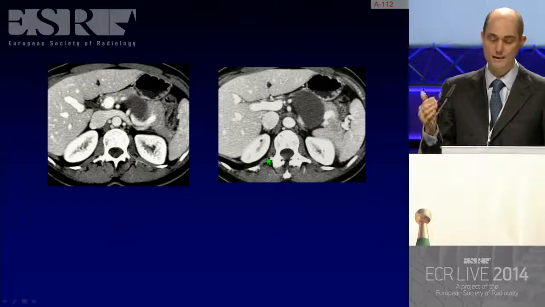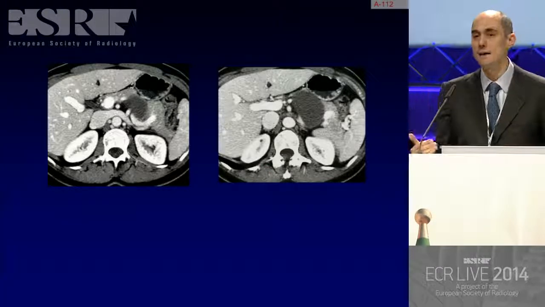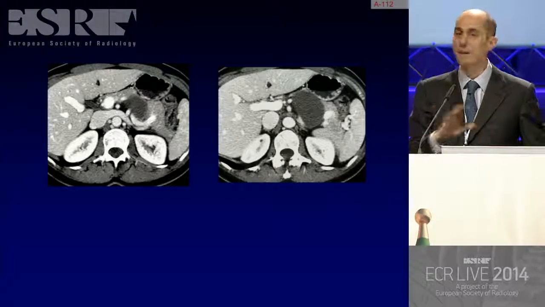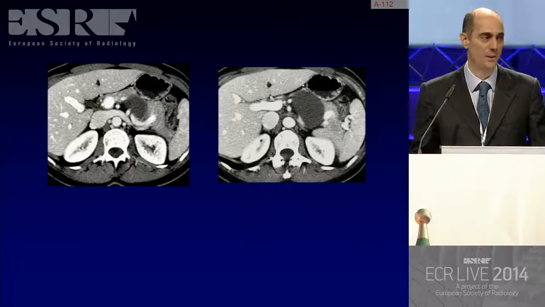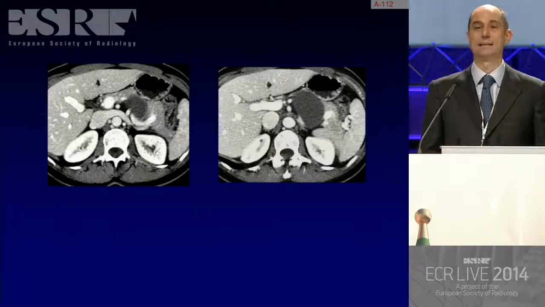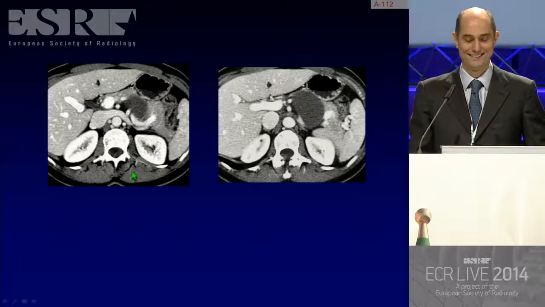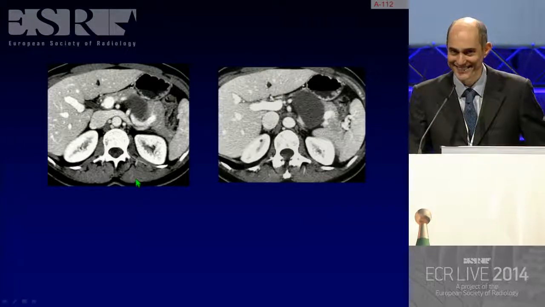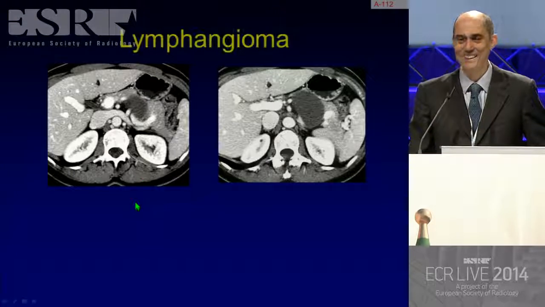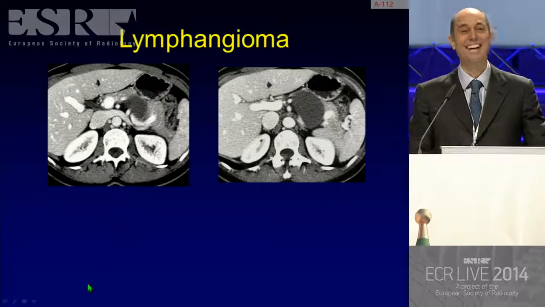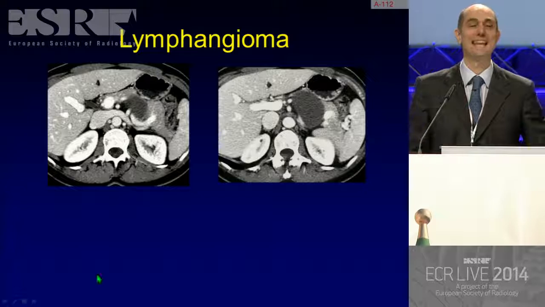No, it's dorsally located, it's outside the pancreas, and the patient didn't have any episode of acute pancreatitis. And the correct answer is lymphangioma. This is very interesting, I think.